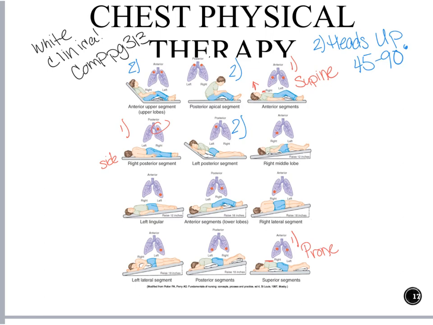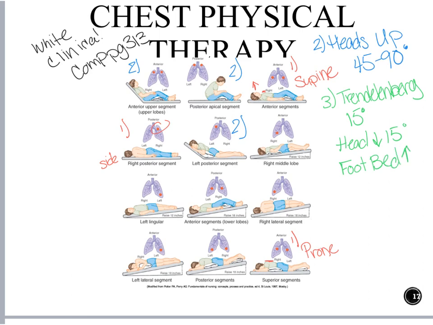Okay, so number 3, we have Trendelenburg. And that means 15 degrees. So your head is down 15 degrees, and the foot of the bed is up 12 inches.